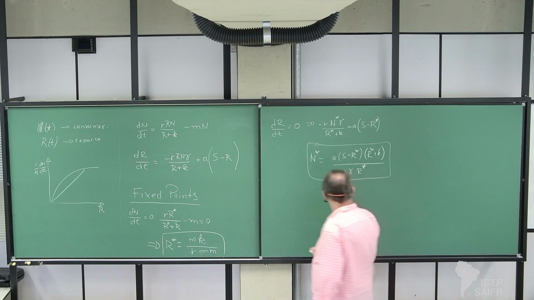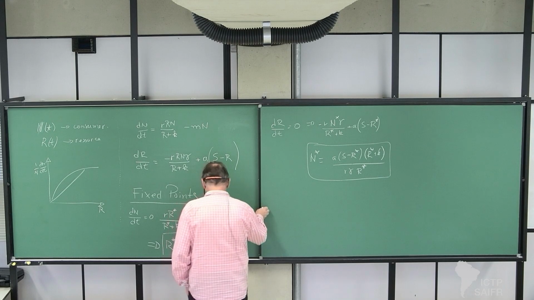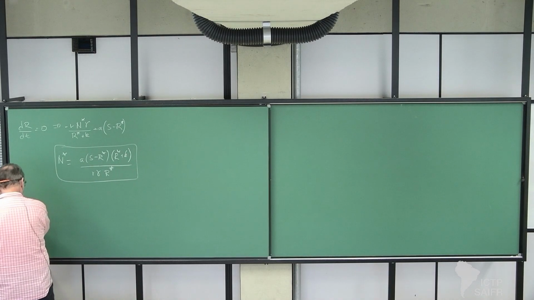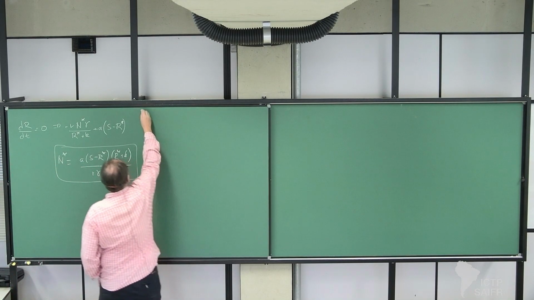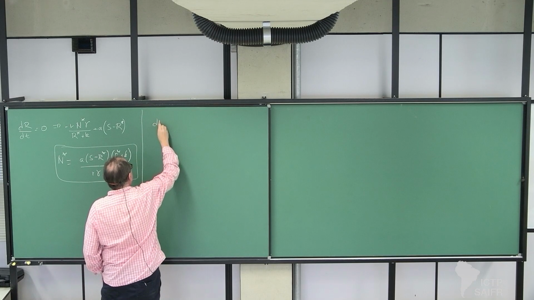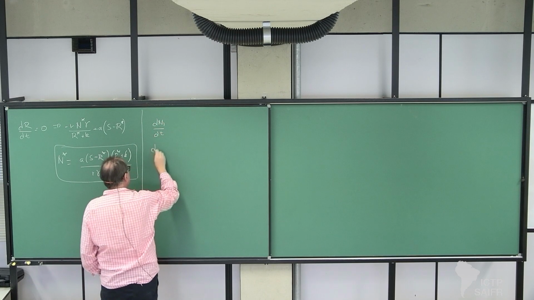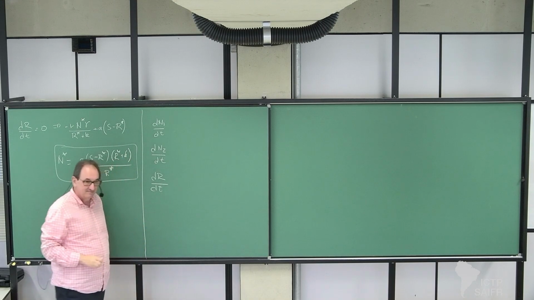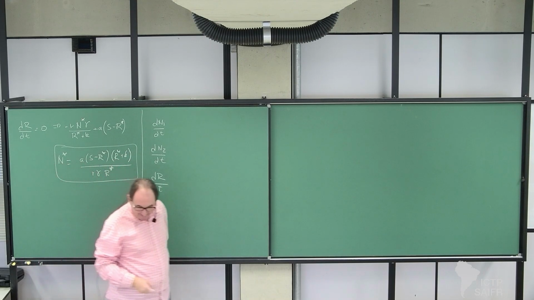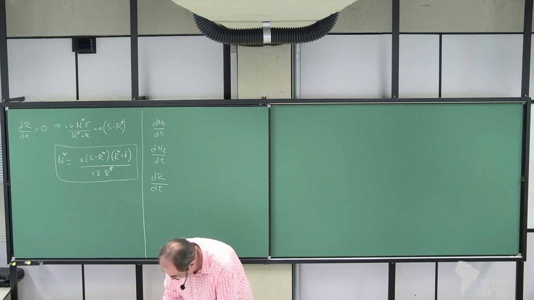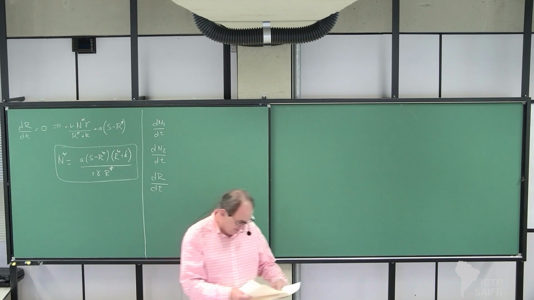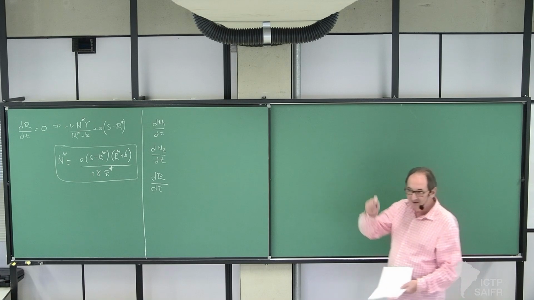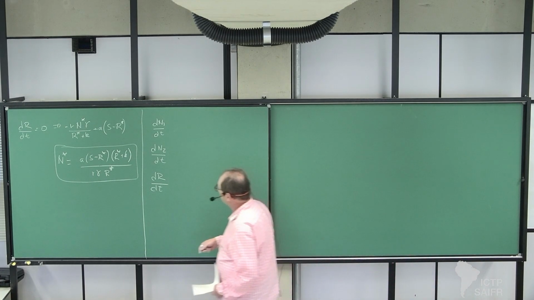Let me move here. Let's start here. You will have dN1/dt, you will have dN2/dt, and you will have some dR/dt. You agree? Now, I will simplify the system just in order not to spend too much time with all the small algebra which comes with this form here.